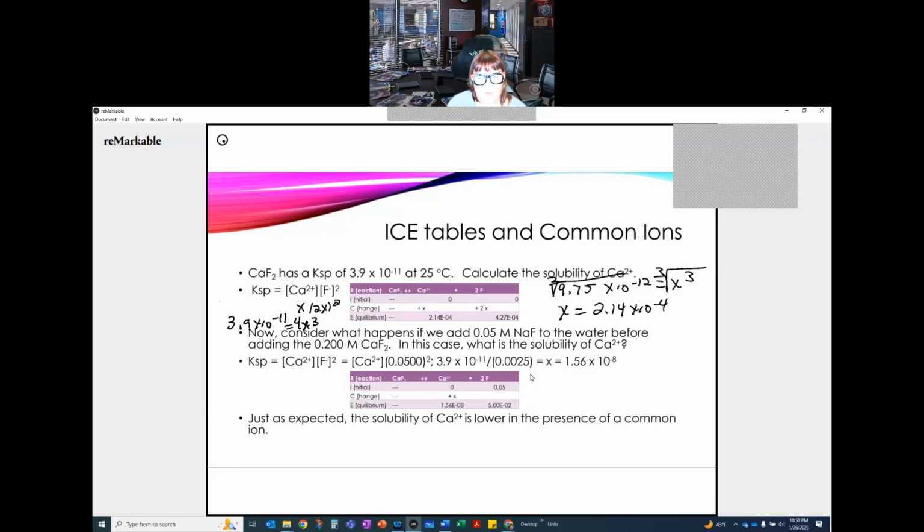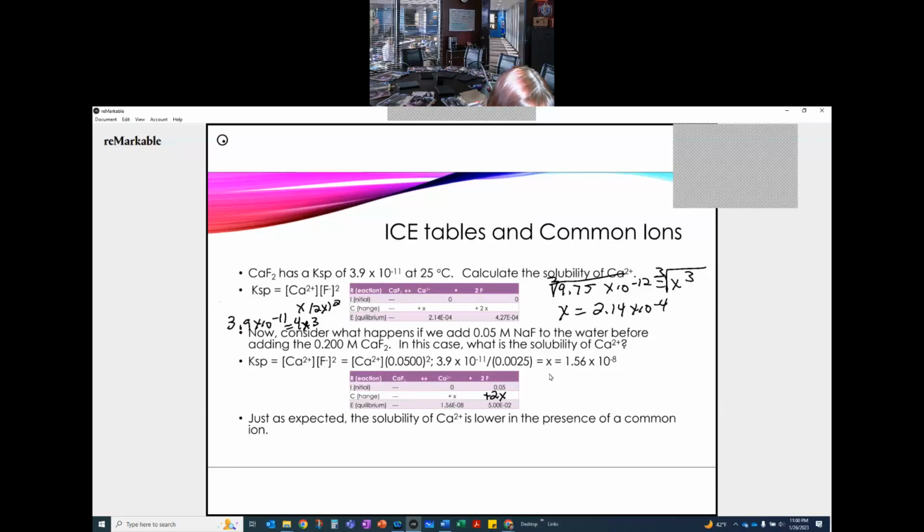But now we need to talk about what happens if we add 0.05 molar NaF to the water before adding the 0.2 molar CaF2. In that case, what's the solubility of Ca2 plus? Well, I still have the same expression, that my KSP equals Ca2 plus times F minus squared. But now my Ca2 plus is still 0, but my F minus is 0.05. That means we still have the plus x and the plus 2x there.